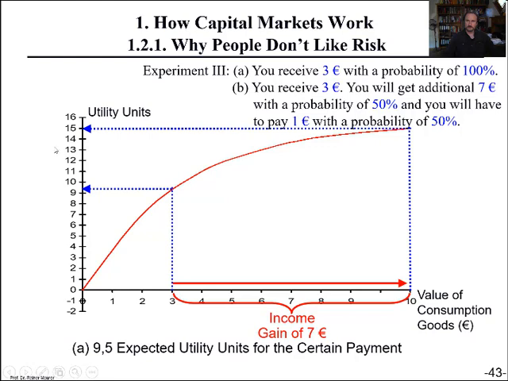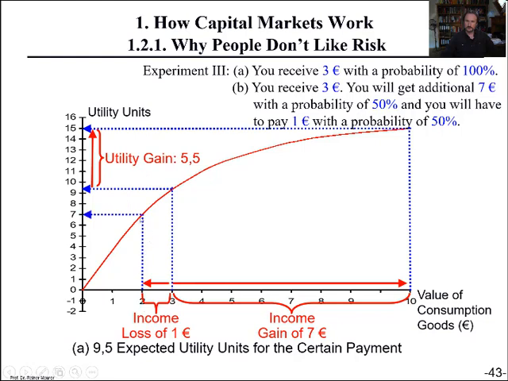So compared to the certain payment, we would have a utility gain of 5.5. In case the income loss realizes, the income loss of €1, we would end up with an income level of 2, which is transformed by the utility function into a utility level of 7. So the utility loss would now only be 2.5.